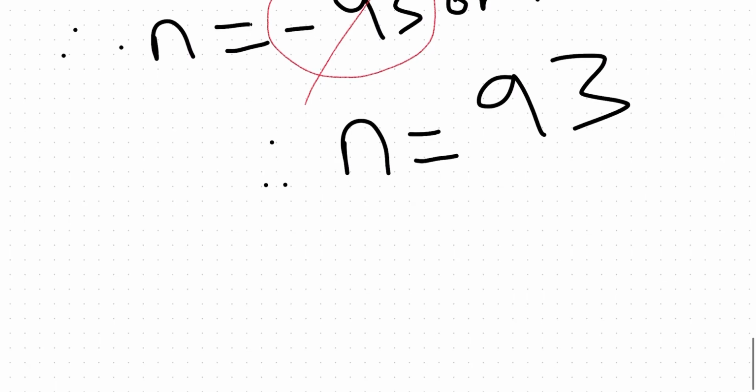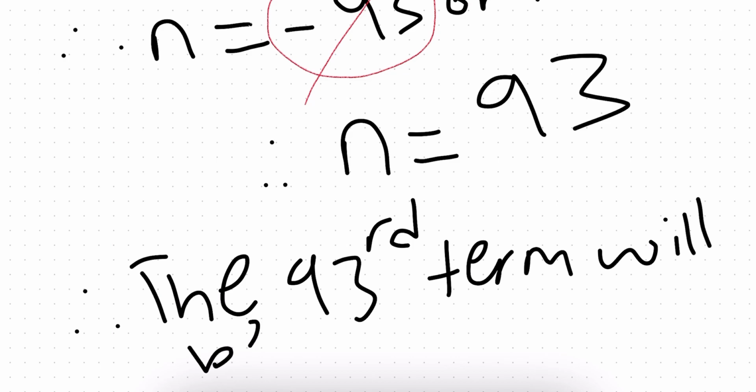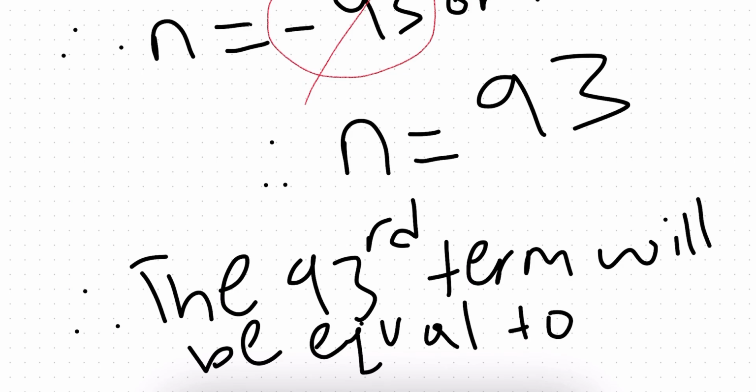Then you'd say, if you want to answer the question now, therefore, the 93rd term will be equal to minus 25,939. You know what I'm saying? So it's as simple as that. You're done with this question.